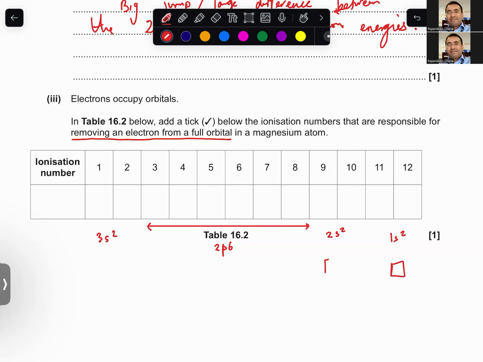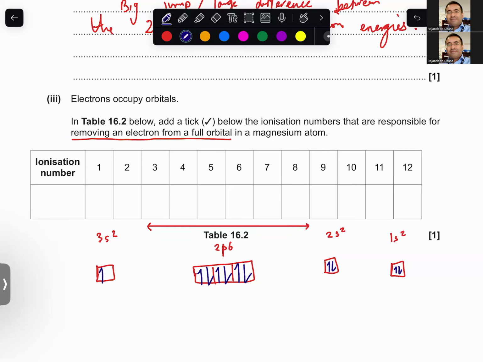If we just draw out these orbitals and the electrons that you have, you've got 1, 2, 3, 4, 5, 6, 7. Look how I'm filling it up, like passengers on the bus. They don't want to sit next to anyone, so they occupy the seats singly, and only then do they double up.